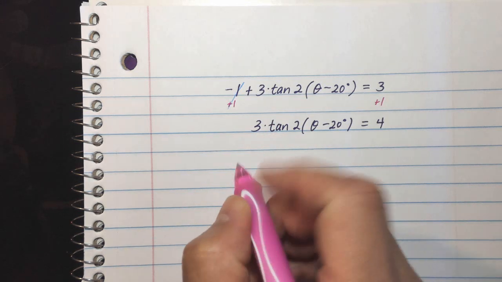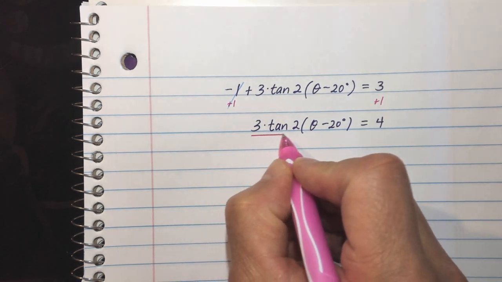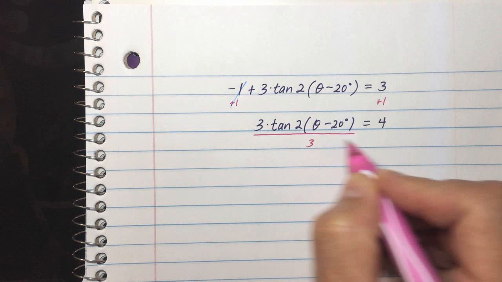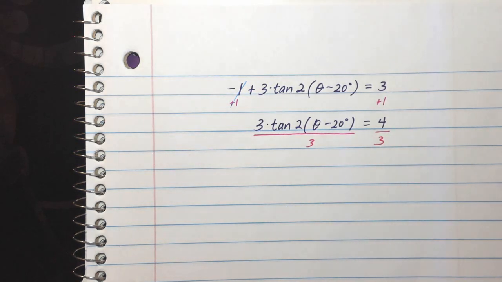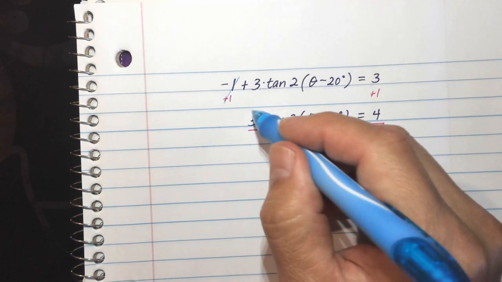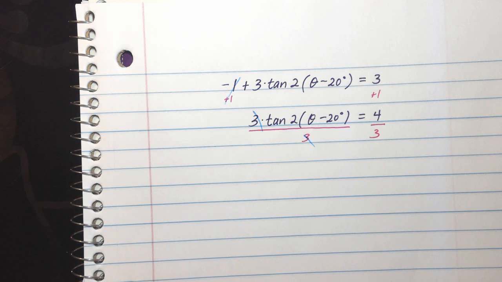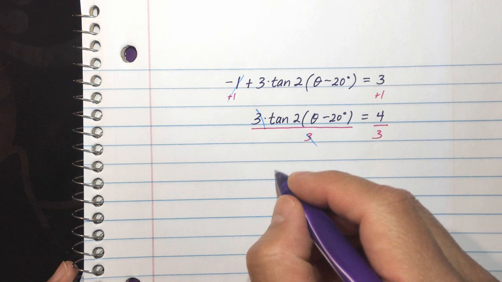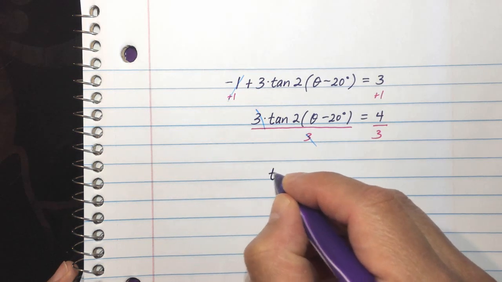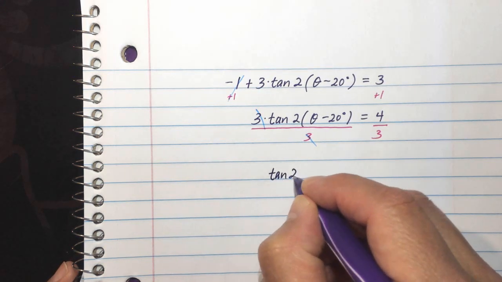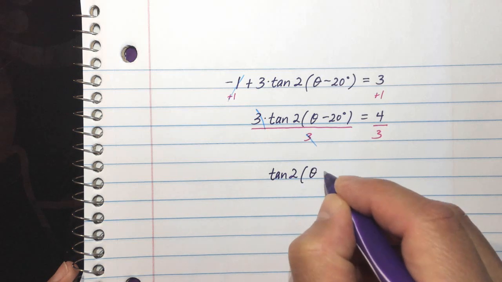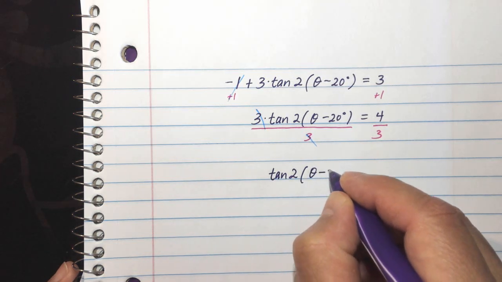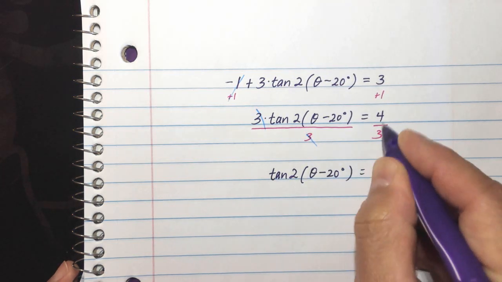How do we get rid of this 3? We got to divide both sides by 3. Again, I don't need to see that. That's first year algebra nonsense. But if you're going to do it right, you get tangent of 2 times theta minus 20 degrees is equal to 4/3.